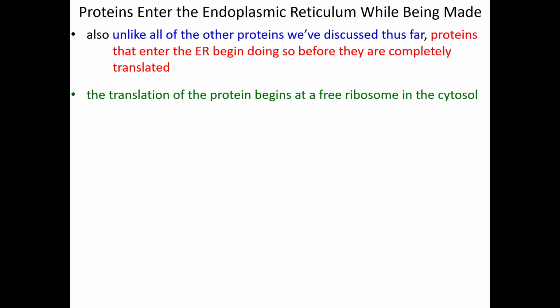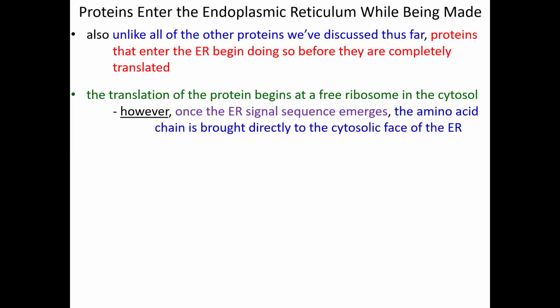Translation continues. That protein is threaded into the ER as it is being made, and then the protein is dumped into or delivered to the lumen. So proteins that are made in the rough ER, proteins that are destined for the lumen of the rough ER or the membrane of the rough ER, the very beginning of their synthesis actually occurs with free ribosomes in the cytosol.